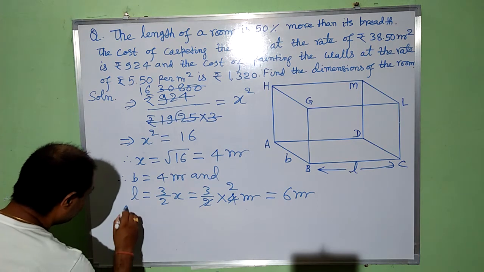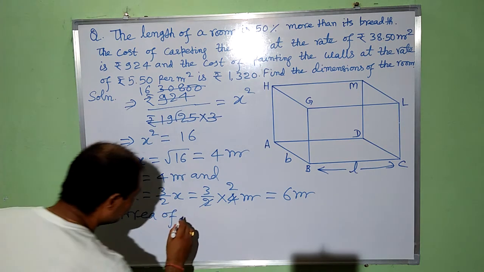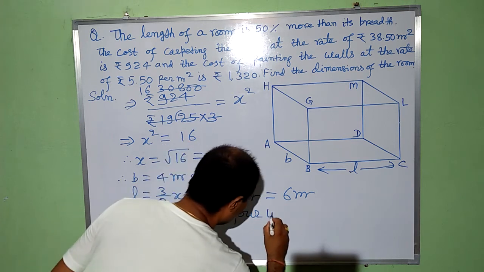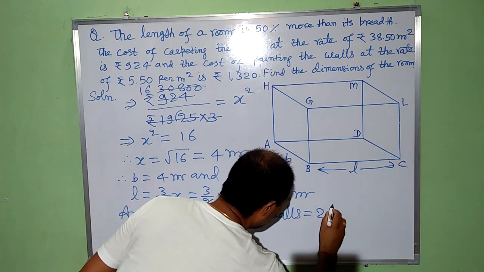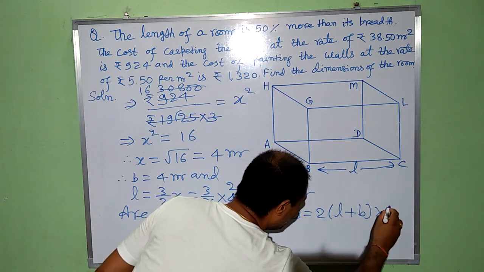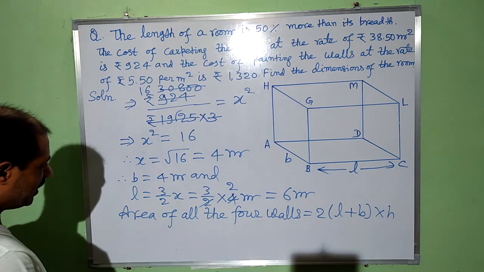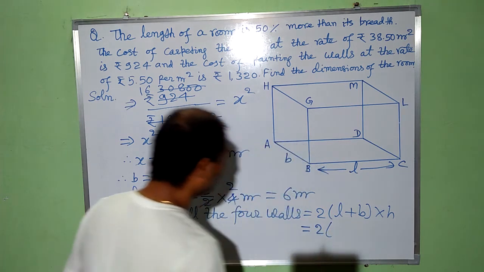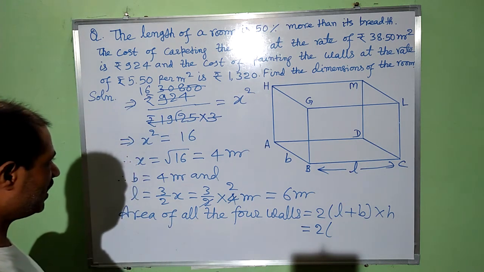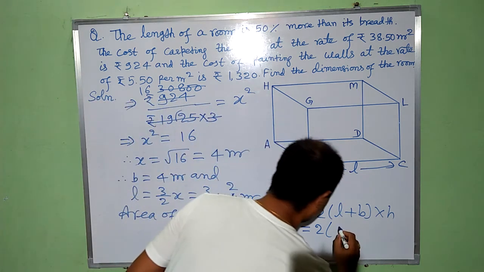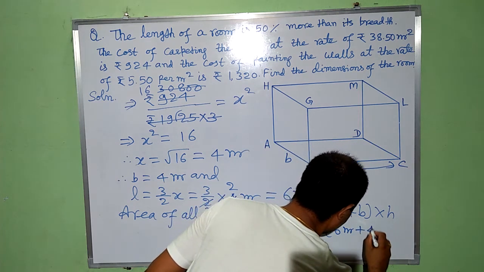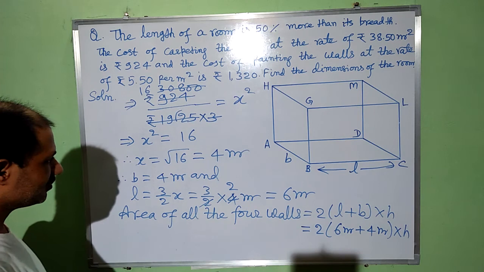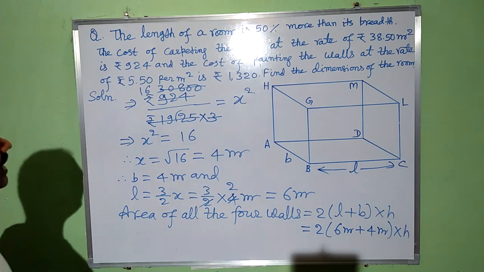Area of all the 4 walls will be obtained like this: 2 into L plus B into H. Put here 2, L is obtained, that is 6 meter plus 4 meter, into H. H is unknown.